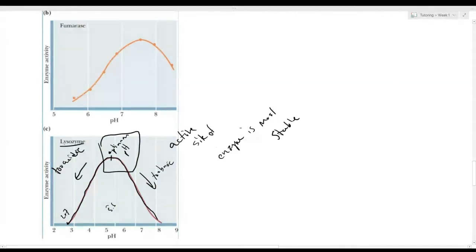It's a question I asked myself as well. And the reason is we're not just dealing with 1 or 2 enzymes. We put in some concentration of enzyme, 100 enzyme molecules, 150, 1,000, however many, and we noticed that most of our enzyme active sites were denatured at various pHs.